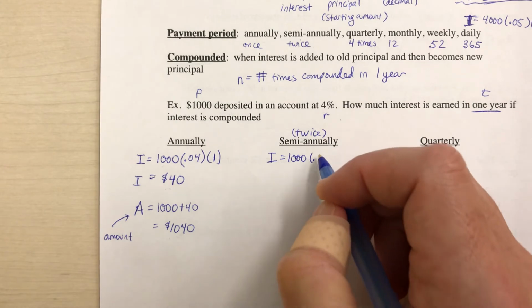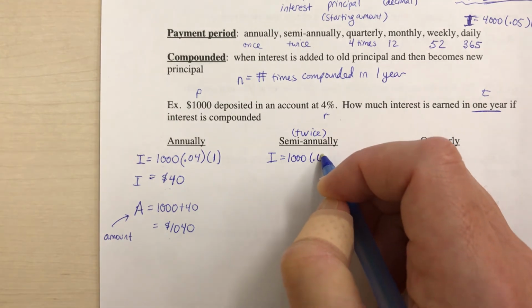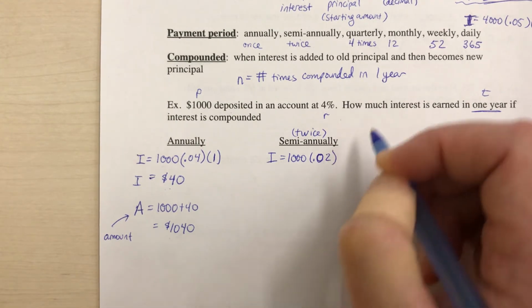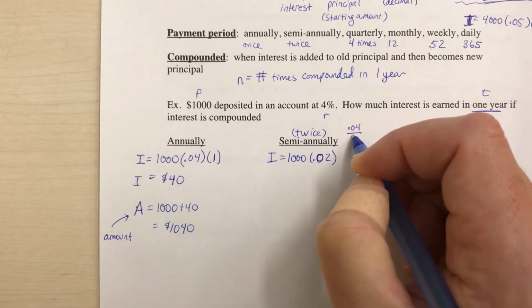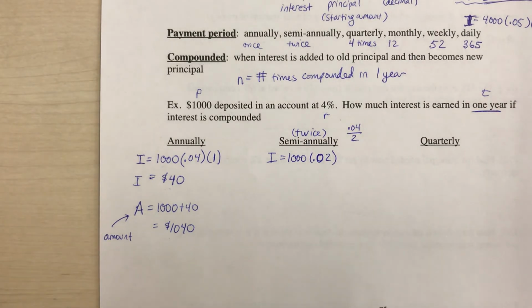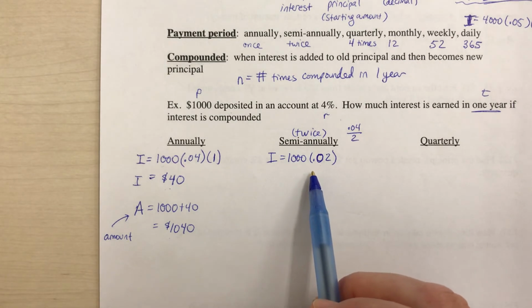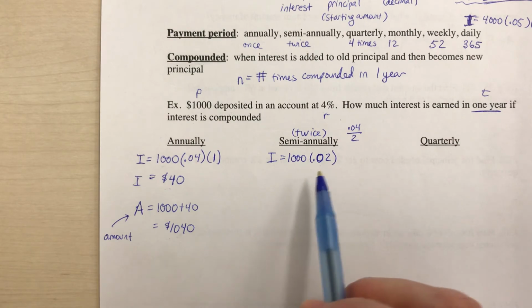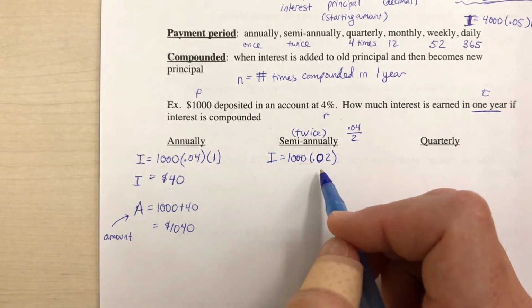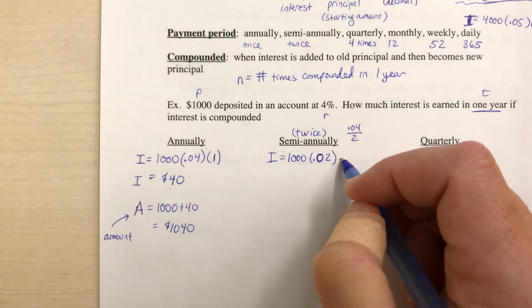What they do is they take the number of times. In this case, we're going to do it twice. So 0.04, we're going to divide that by the number of times we compound. So they're going to give us 2%, let's say in July, and then they'll give us the other 2% in December. Okay? Now, if we calculate this here, we're going to get $20.